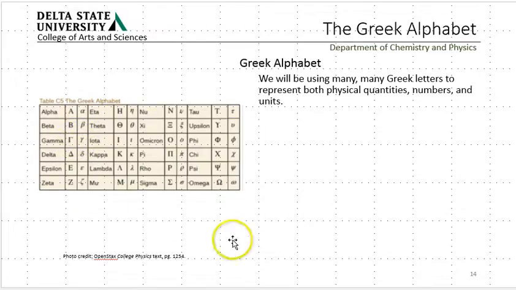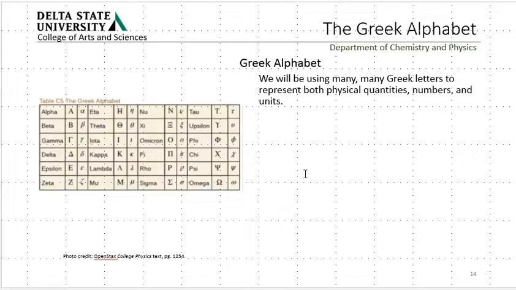The lowercase Greek letters, for the most part, you're completely unfamiliar with. So just be aware, we're going to be using these.